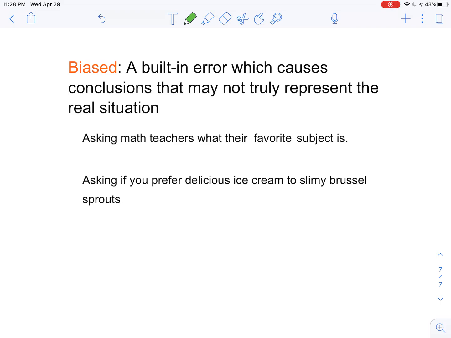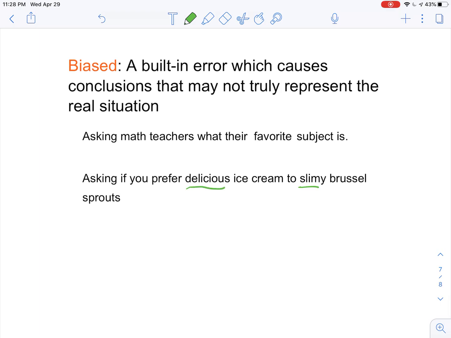For example, if I asked you if you prefer delicious ice cream to slimy Brussels sprouts, even just by hearing the words delicious and slimy, you might be more inclined to choose delicious ice cream, just because the word itself makes it sound great. I can ask you, do you love exciting math homework or boring English papers, right? Obviously, the word exciting can push you in a certain direction, causing bias as well.